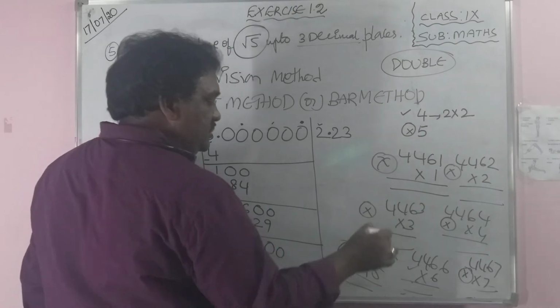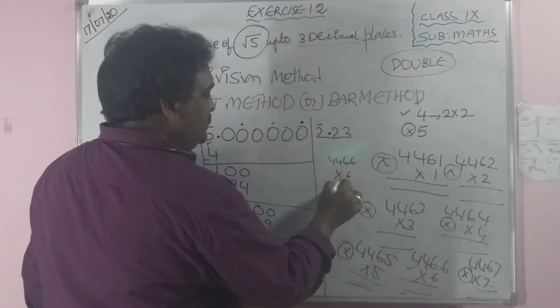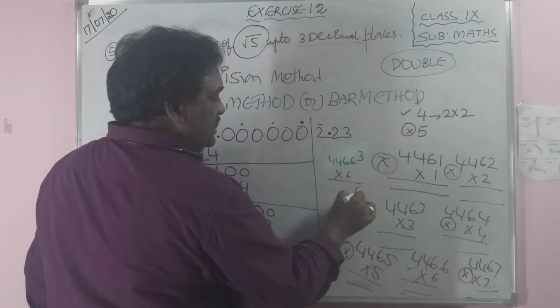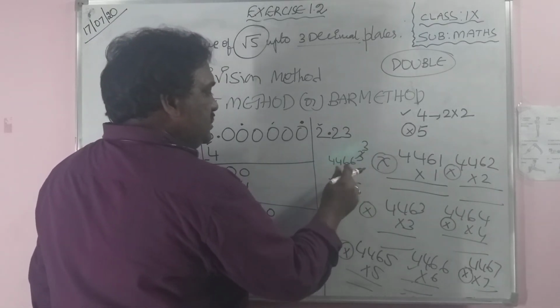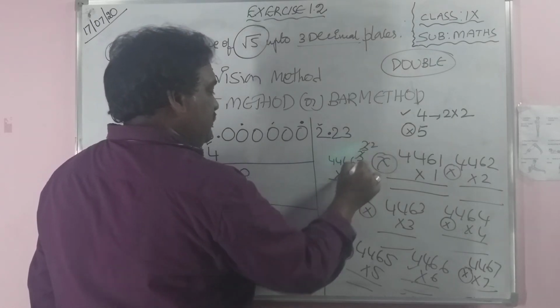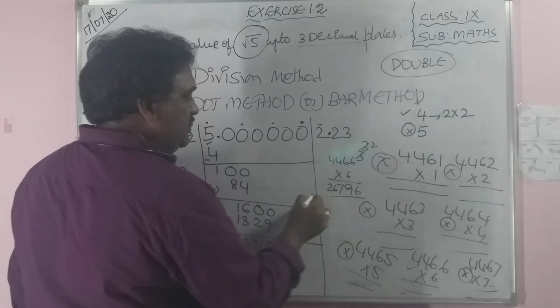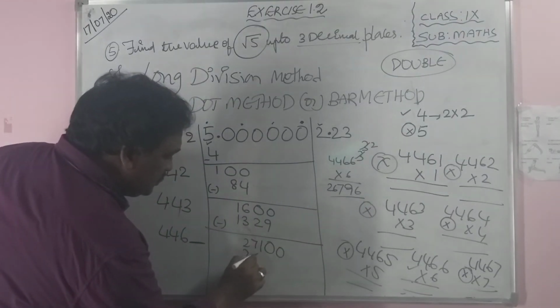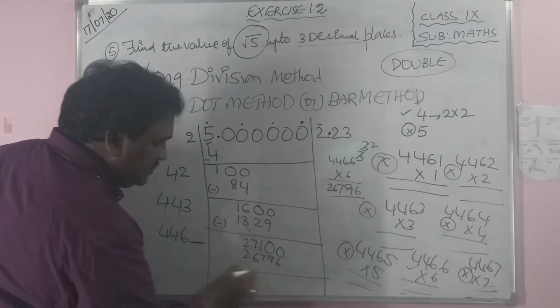How many times? 4466 into 6. How much? 6 6s are 36, 36 and 3 is 39. 6 4s are 24, 27. What do we get? 26796.